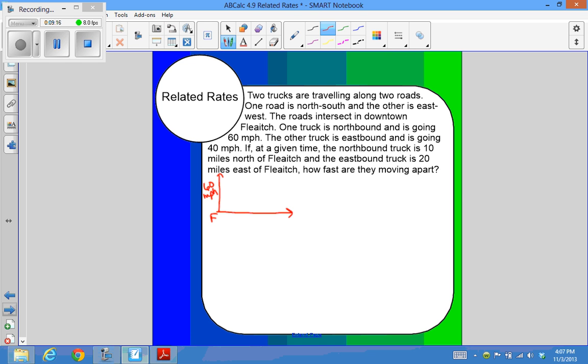The truck that is going east is going 40 miles per hour. If at a given time the northbound truck is 10 miles north, we'll mark it right about here and call that 10. And the eastbound truck is 20 miles east, so we'll mark that right there and call that 20. Then I want to know how fast this distance right here between them is changing.